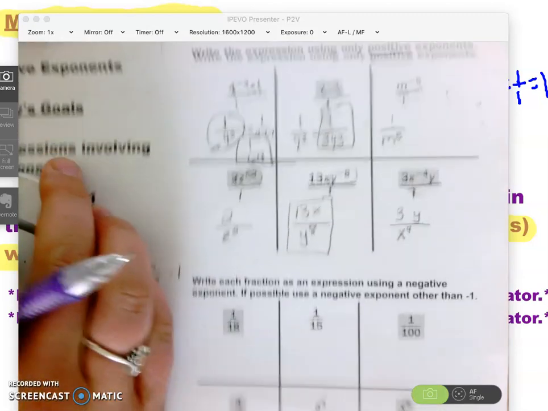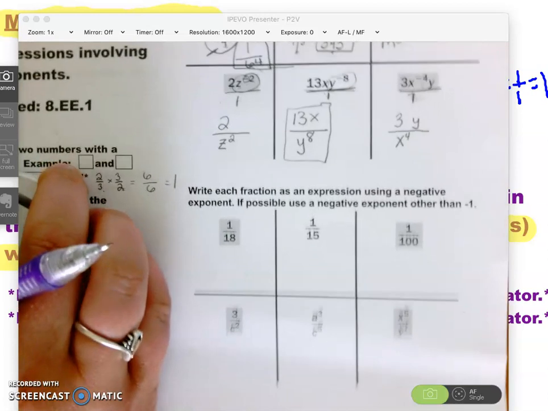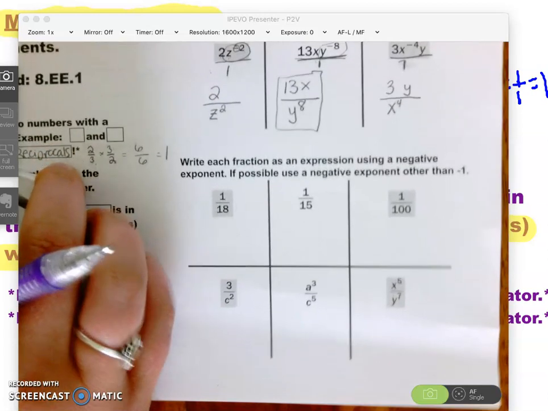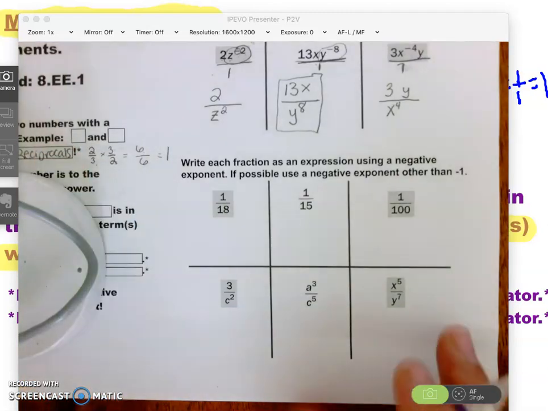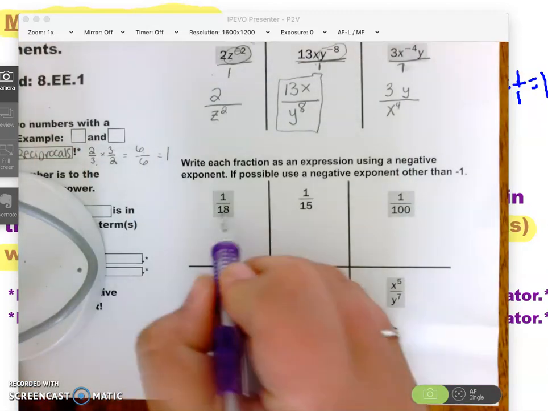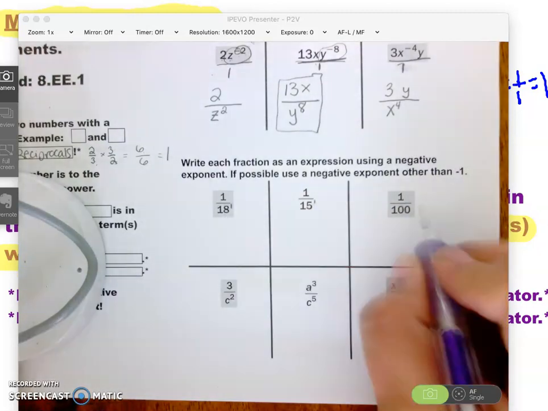Okay. Now, write each fraction as an expression using a negative exponent, and if possible, use a negative exponent other than negative 1. So, what that means is any number can be placed to the first power, right? Like here.